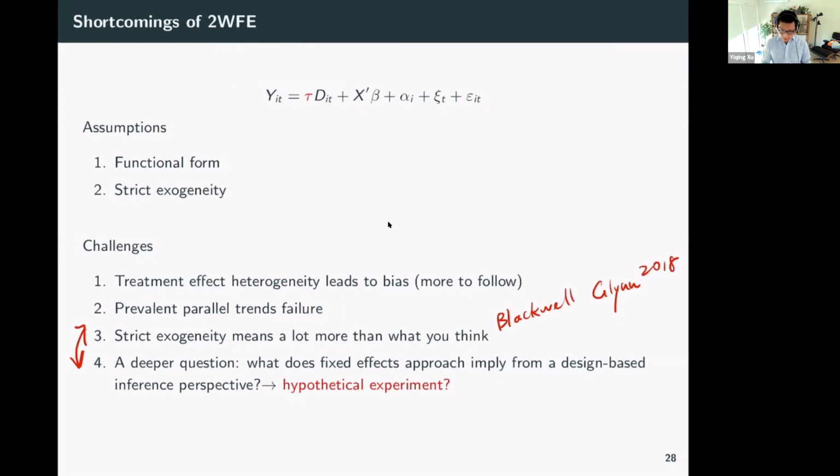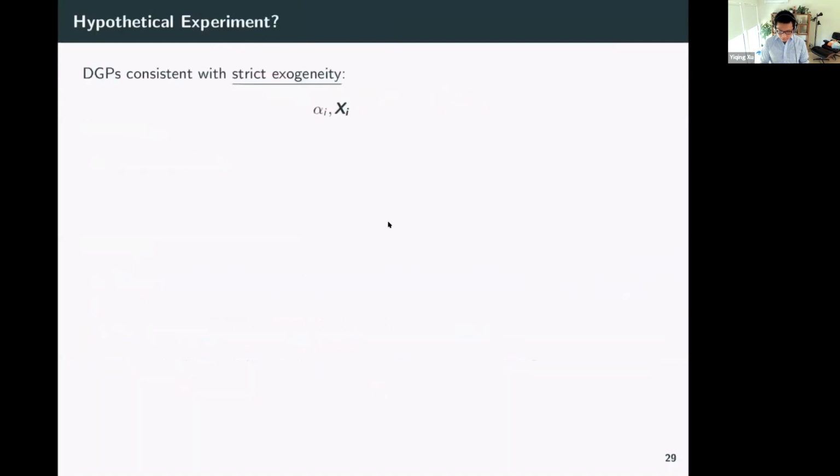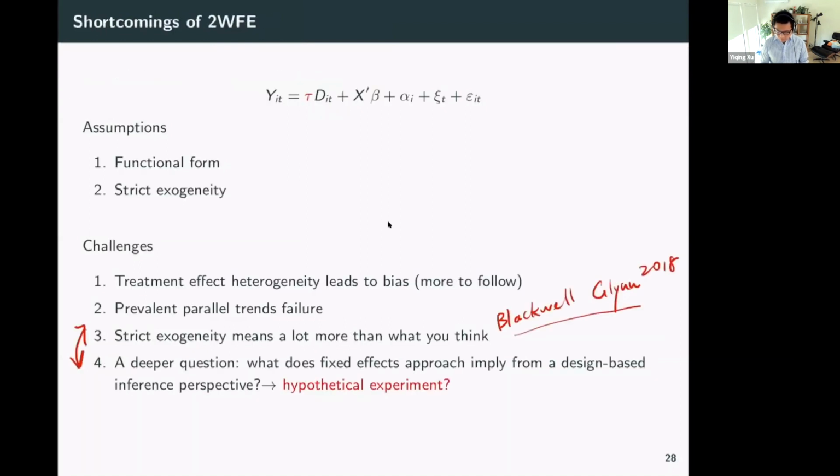We will discuss that on Friday, because in that paper they actually advocate for methods under sequential ignorability, because they think, and rightly so, the strict exogeneity assumption is too strong. So they propose methods under the sequential ignorability assumption, including marginal structural models.